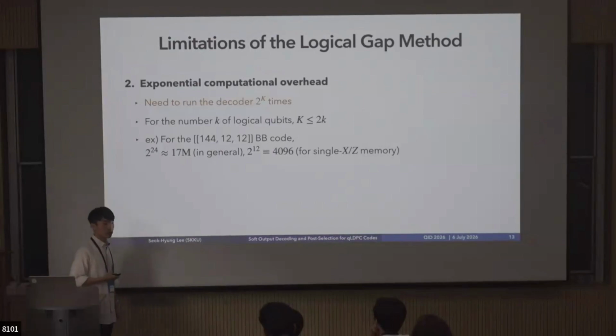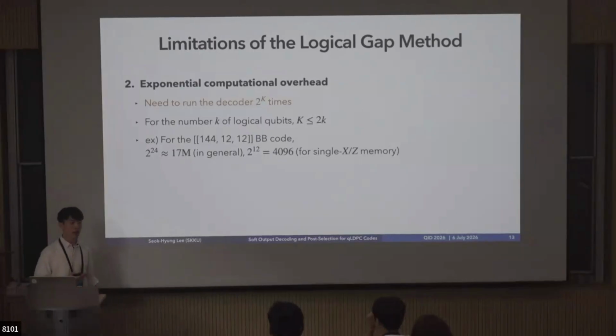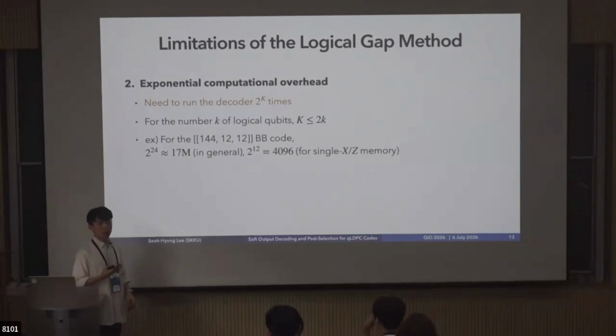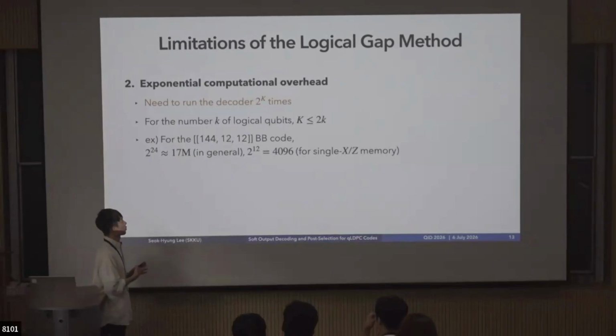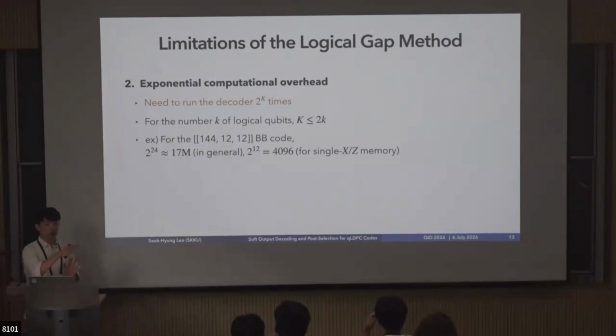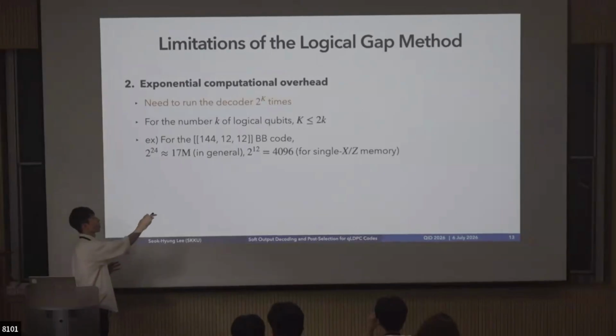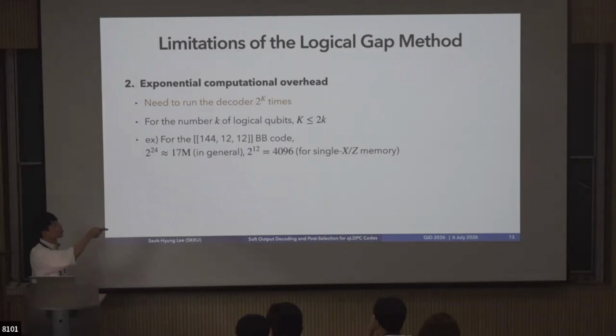But depending on the circuits, for example, if we consider memory Z circuits, then logical Z errors will not affect the circuit effectively. So in such cases, we can reduce the number of logical constraints to smaller than 2K.